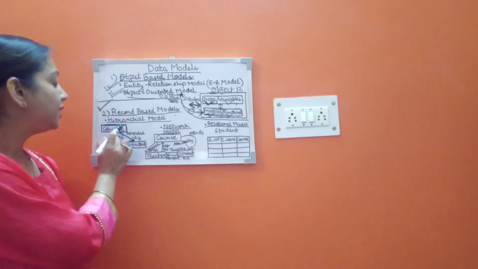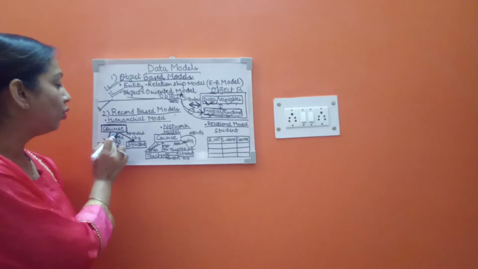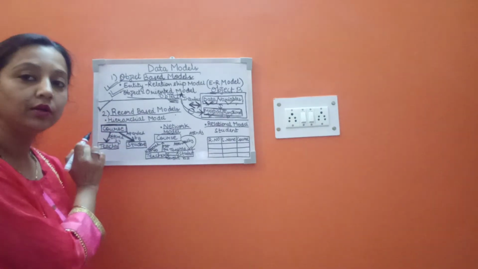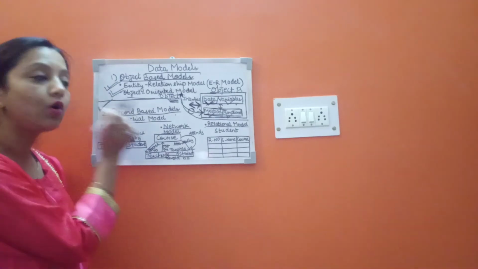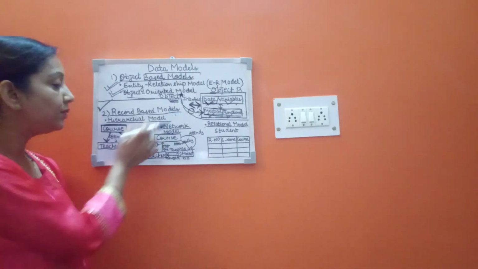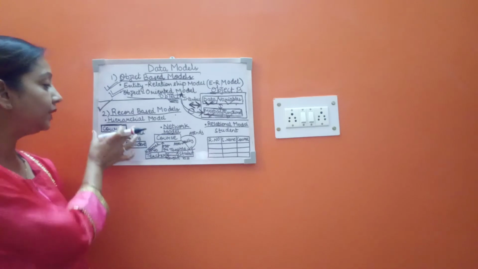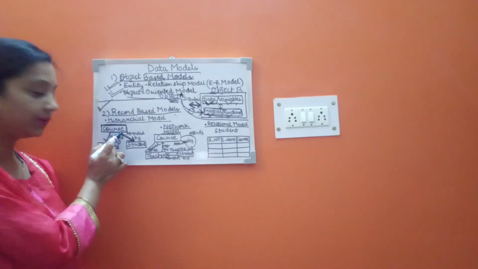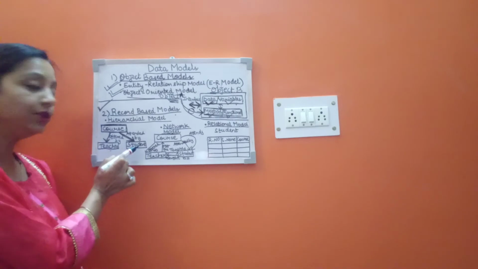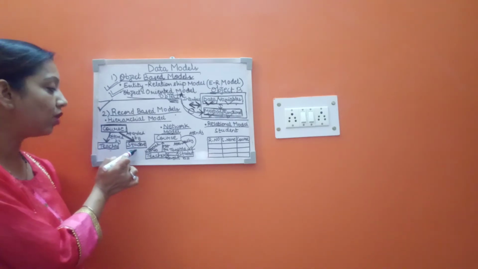So one parent node and one or more than one child node. Here the data is represented as records. What are the three different records over here? These records are the course, the teacher, and the student. Right now I am talking of a college database.